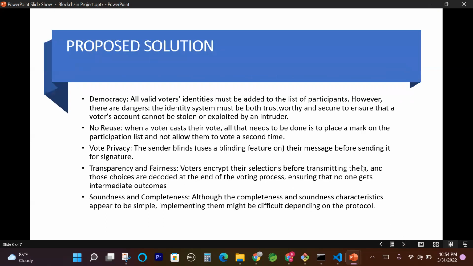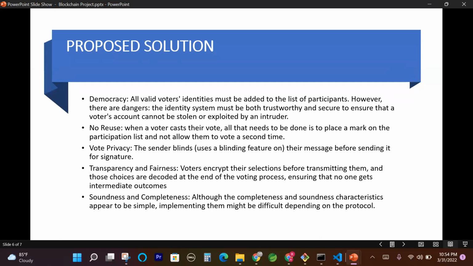To meet those requirements, we are proposing some solutions. One of them is democracy. We will need to make a database where all voters will be registered, and after giving one vote, no one will be able to recast their vote. Another thing is vote privacy. The sender blinds their messages before sending them for signature.